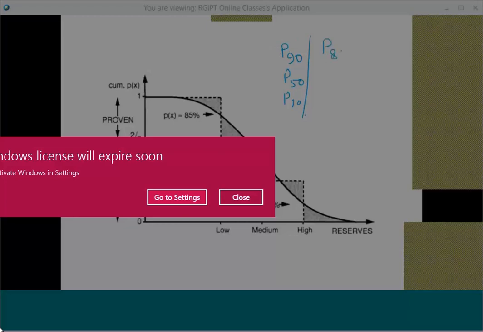And then also you have P85, P50, and P15. These are two different nomenclatures that are followed in case of probabilistic reporting of reserves, okay?